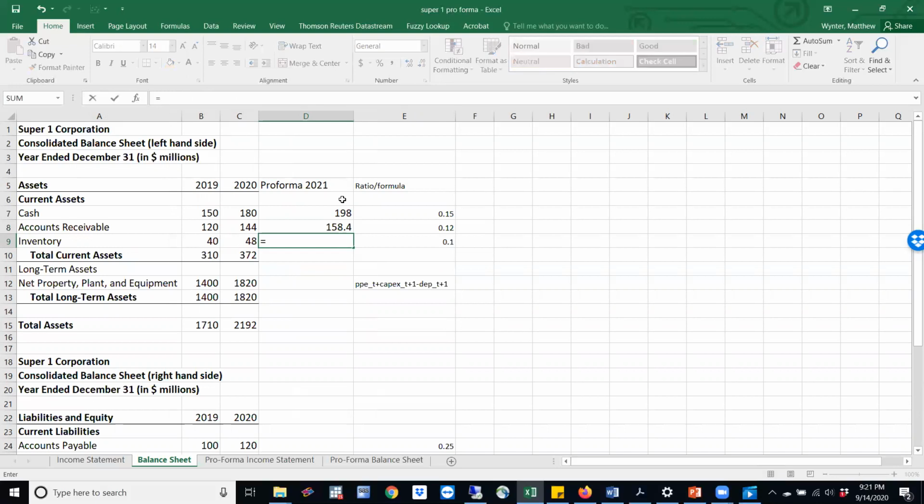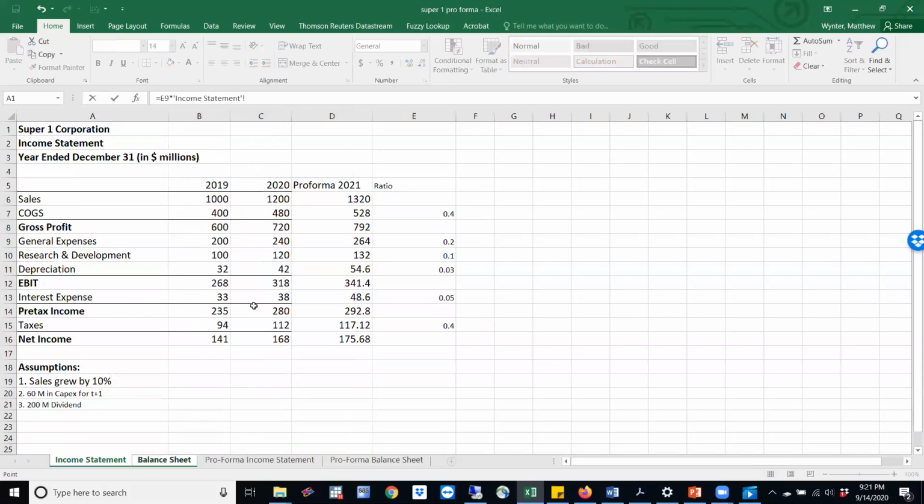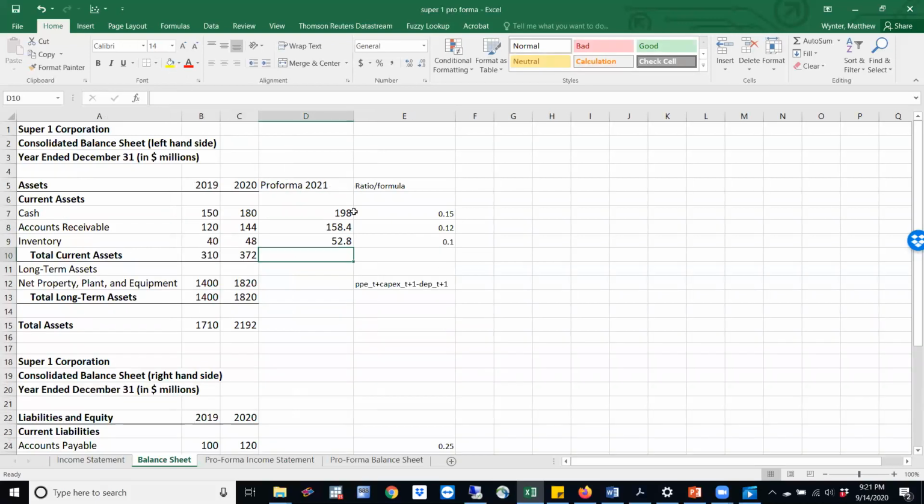And for my inventory, I've got my ratio. I'm going to multiply that by my projected cost of goods sold for 2021. When I sum these up, I've got my total current assets.